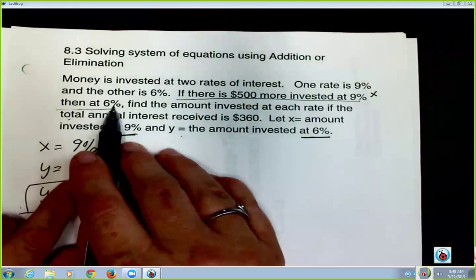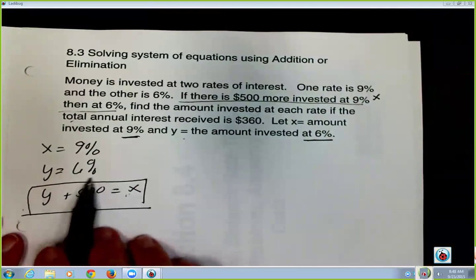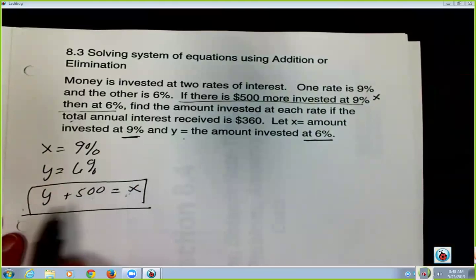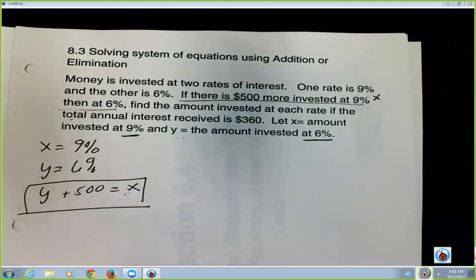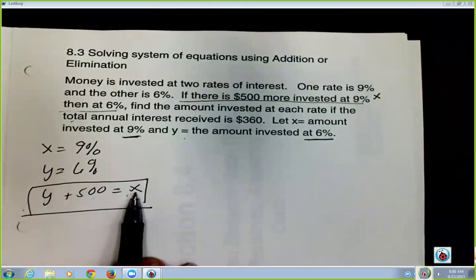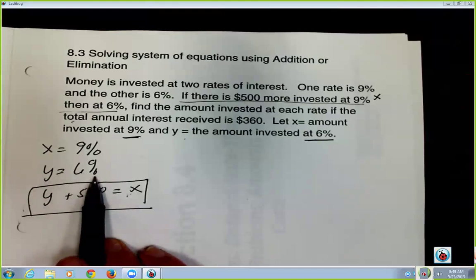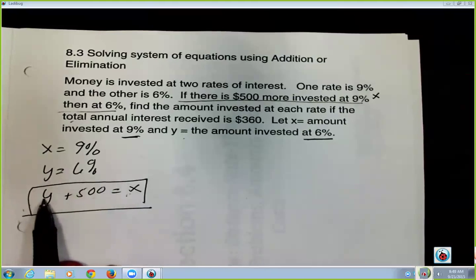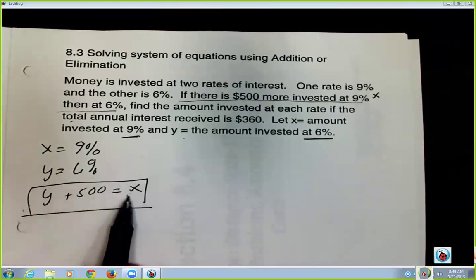It's kind of backwards, but it still means that you're putting $500 more in X. Once we know what Y is, let's just randomly say X is $1,000. What would be invested for Y? $500, okay? Because 500 plus 500 would give me my 1,000 invested at X.